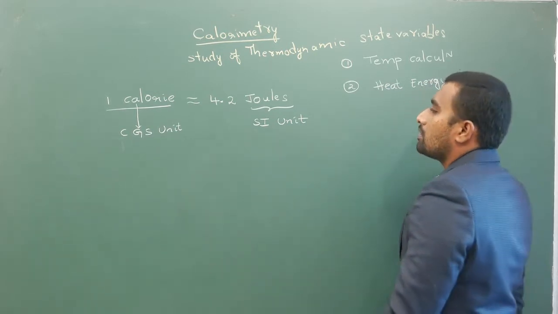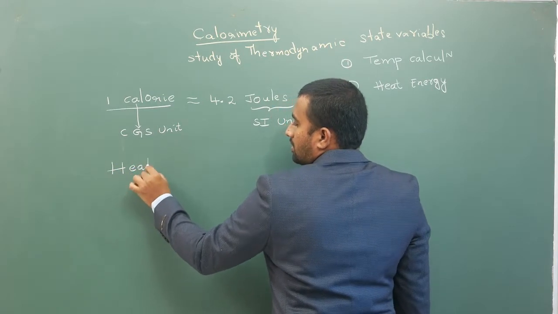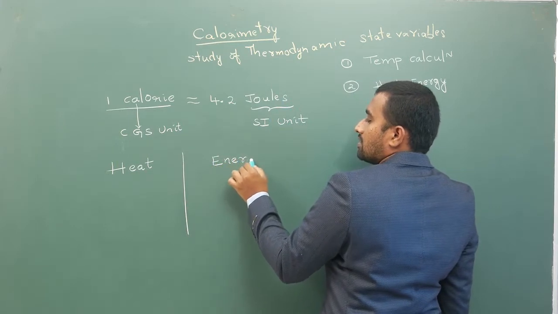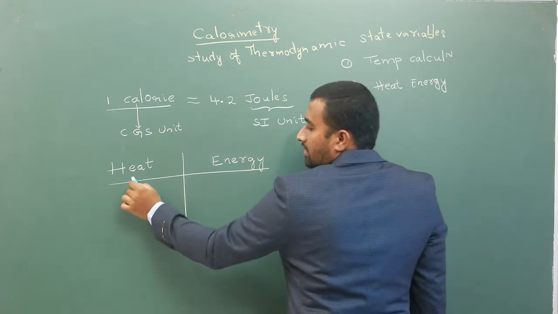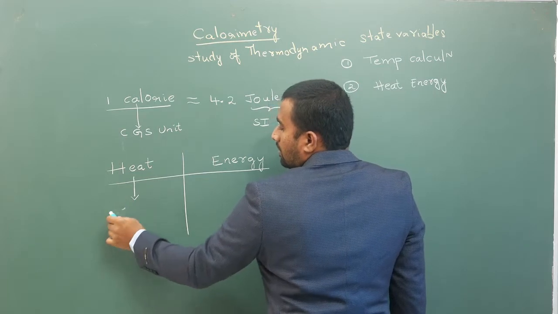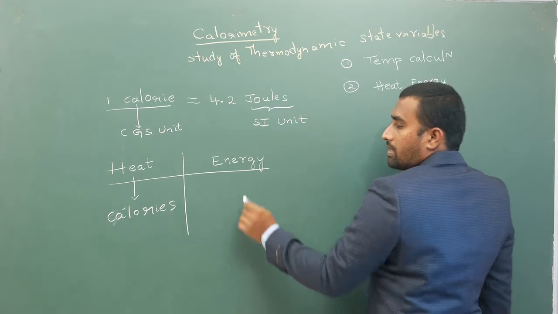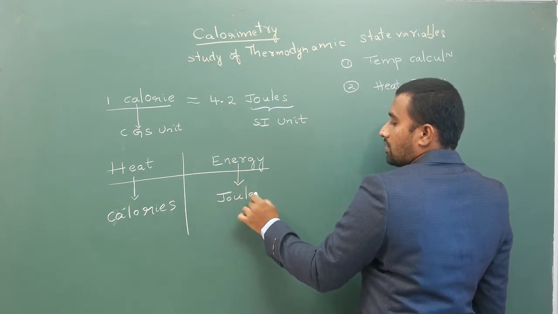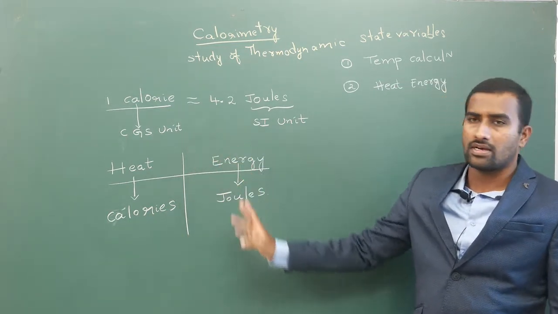Initially people thought heat is different and energy is different. So for heat they defined energy in terms of calories initially. Later people gave energy in terms of joules. But both are related to each other, and their relation is given like this.